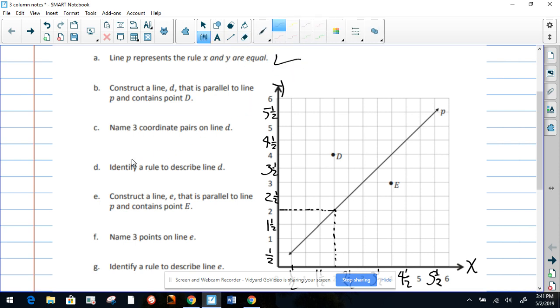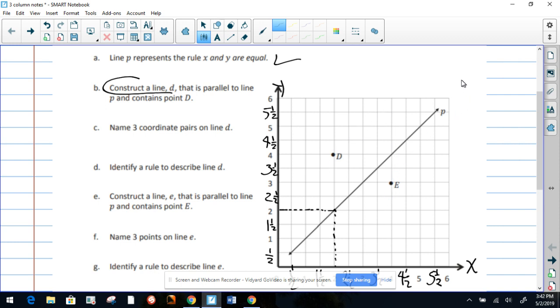Now it says construct a line D that is parallel to line P and contains point D. Okay, so there's a point right here. They already gave it to me. So if I can picture, the line is going to go in this direction because it has to be parallel to this one.